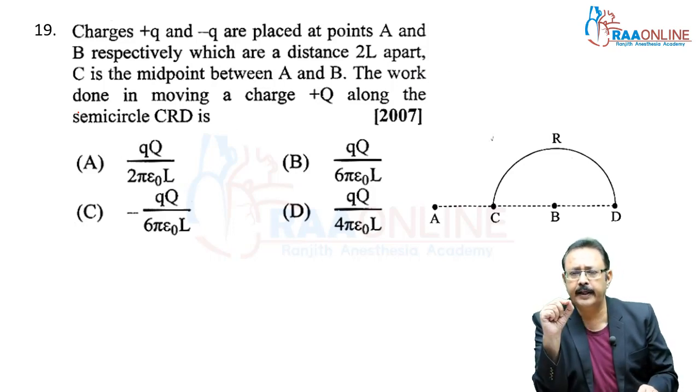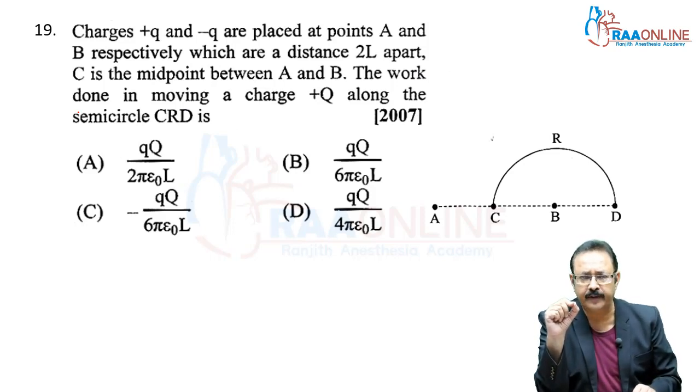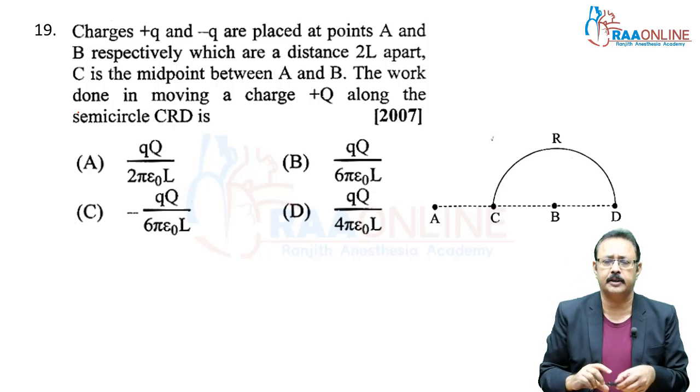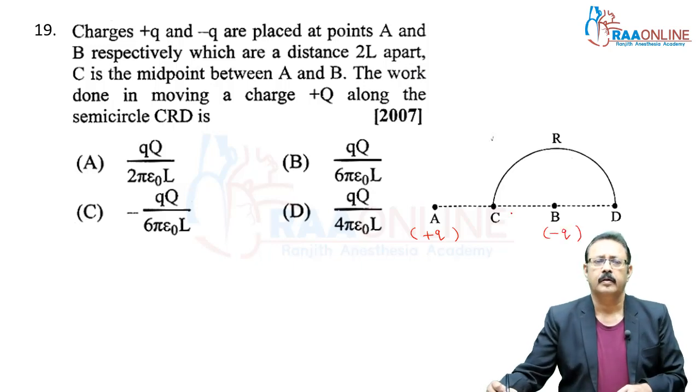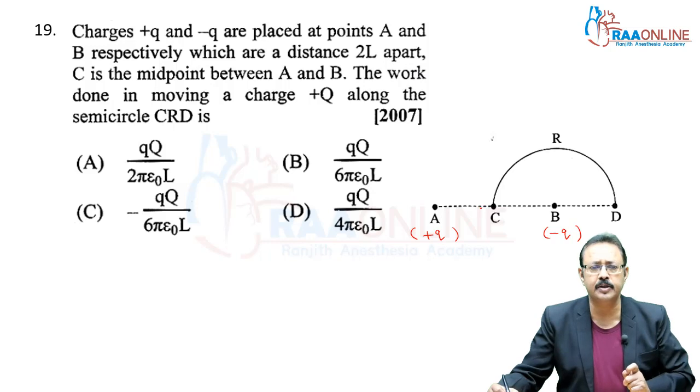Next, it is from 2007 AIPMT. Charges plus Q and minus Q are placed at points A and B respectively. At A, we put charge plus Q, and at B, we put charge minus Q, which are at a distance 2L apart, and C is the midpoint.